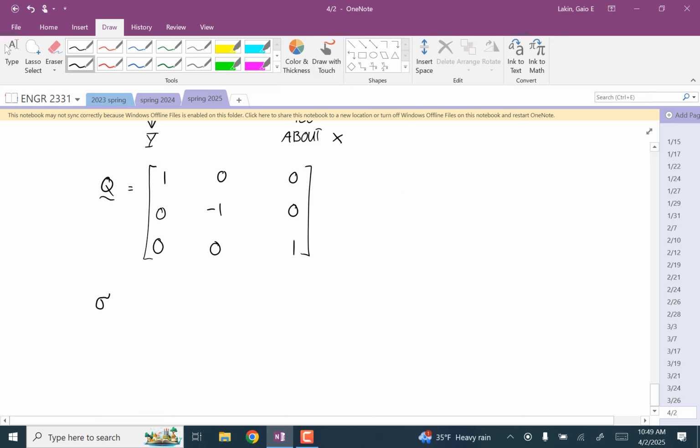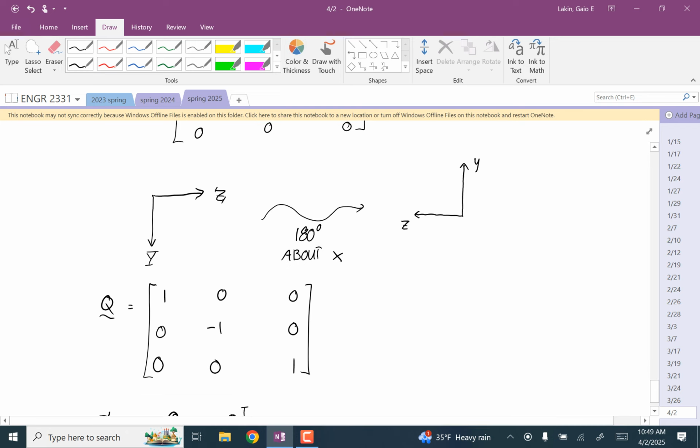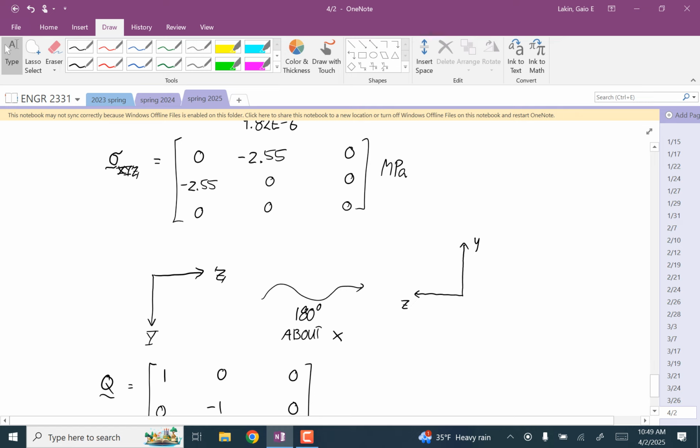And so the final stress tensor at B is Q times the stress tensor in the temporary coordinate system times Q transpose. And what you get out of that is these values, in this case, just become positive.